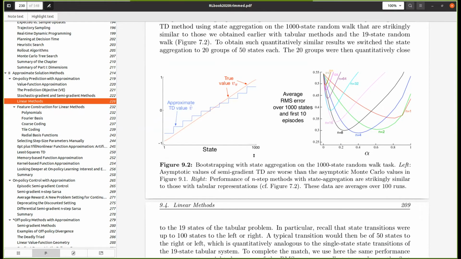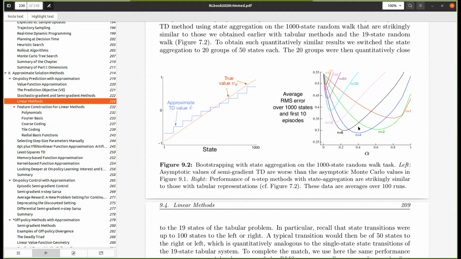And here you can also see the resulting error plotted against the learning rate and the number of bootstrapping steps. You can see the curves here, and for this particular problem, a number of bootstrapping steps equal to 4 works best.